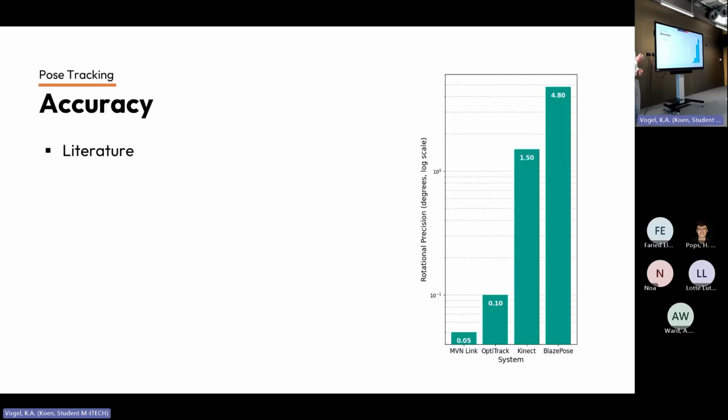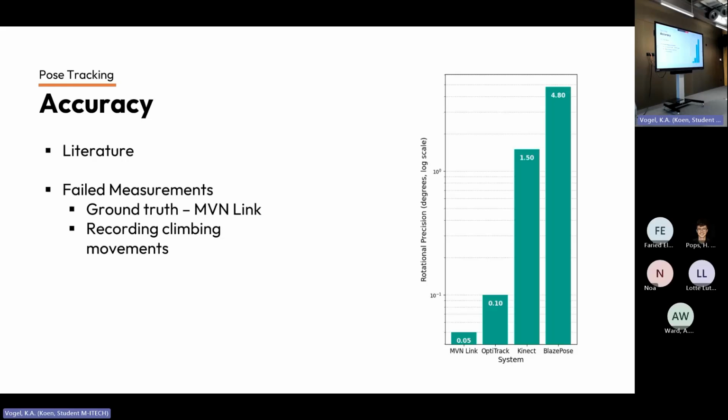So first, if we look at manufacturers' specifications and literature, for the accuracy of these 4 systems, there's a clear story. The inertial suit is by far the most accurate, while the camera-based pose tracking is the least accurate. I also tried a method of comparing these systems against the ground truth, which would be the inertial suit, recording their movements and comparing joint angles.